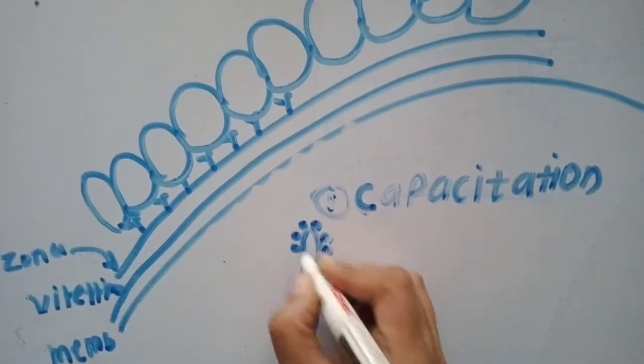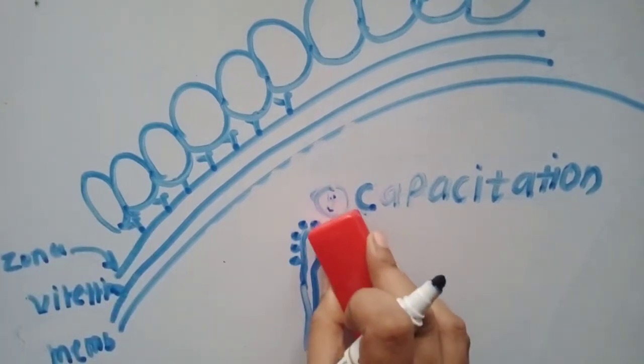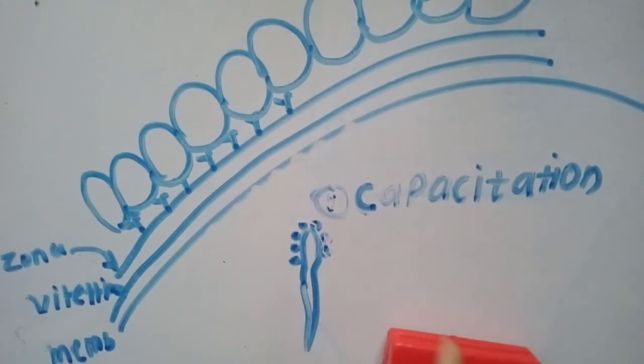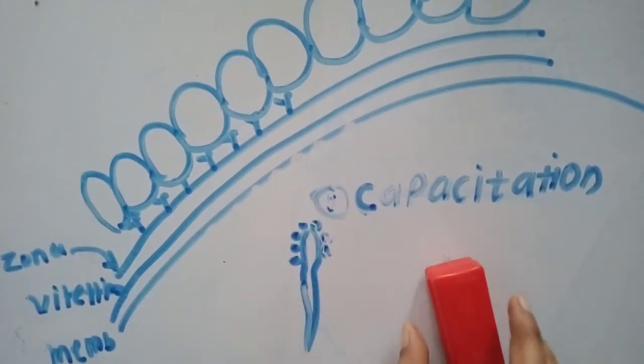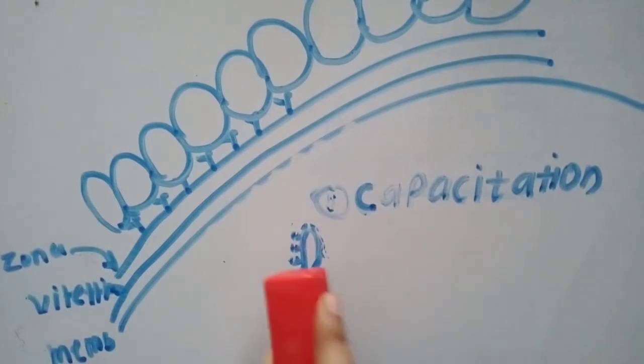Because of the female chemicals, the cholesterol molecules that surround the sperm are denatured.